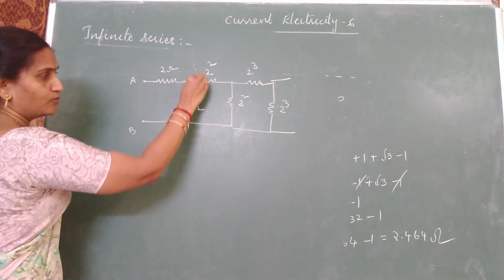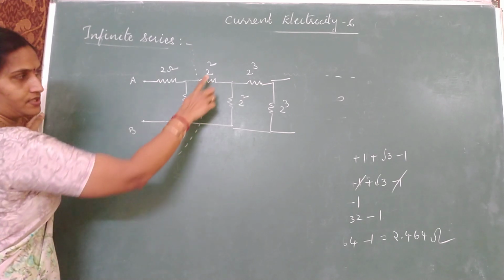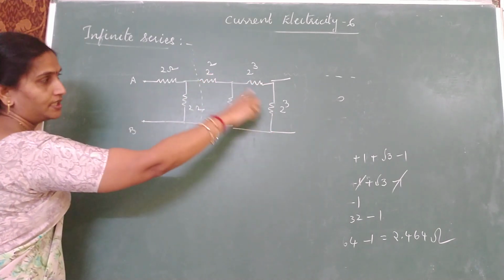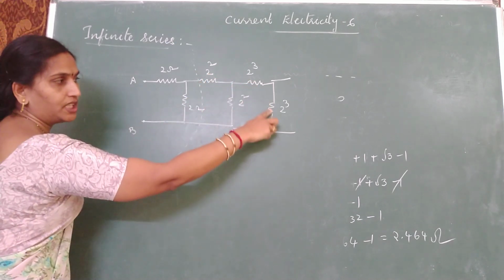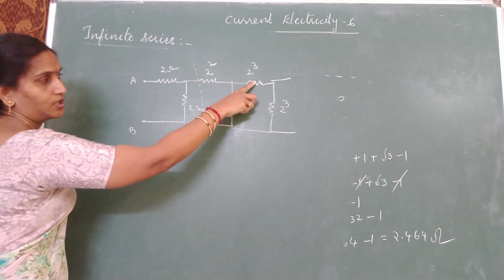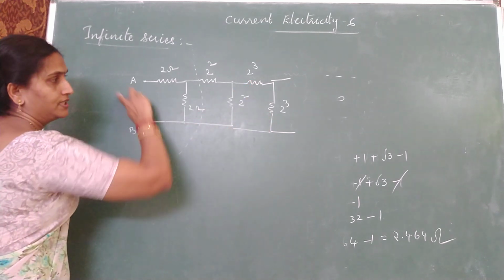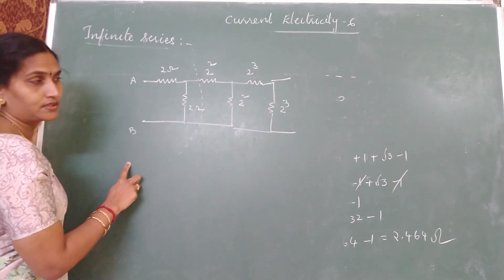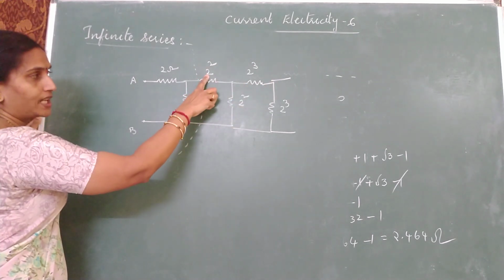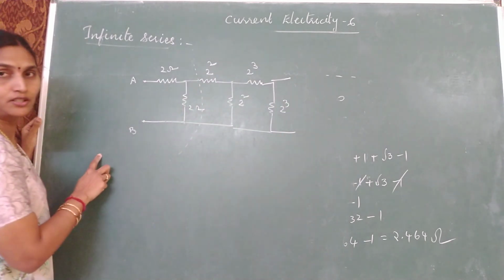If I remove the first branch, we have the remaining part 2 square, 2 square, 2 cube and 2 cube. If you take 2 common from each resistor, this becomes 2 and 2, 2 square and 2 square, same as your first circuit. So is the second part of the circuit 2 times the primary circuit?